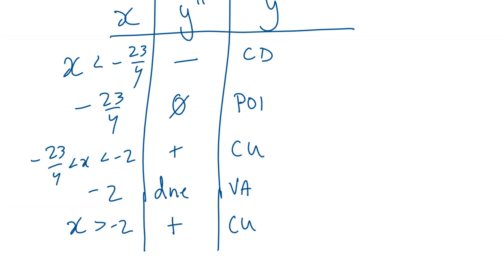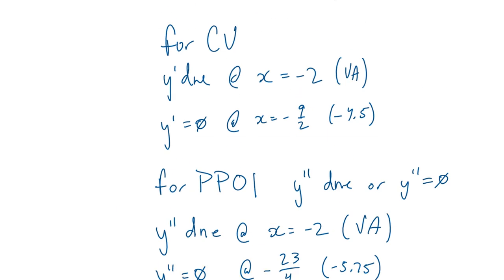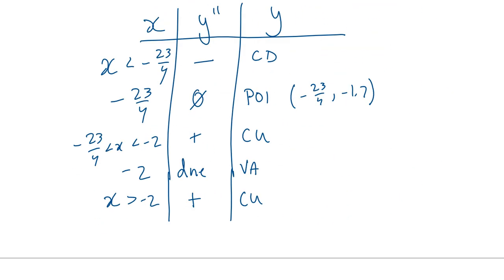Last thing we have to do, hopefully we can fit this in. Where is my critical value? Go find it. Negative 4.5. What interval is it in? I'm going to do this for us right now, but you're going to have to be able to do this. It's fussy work sometimes.